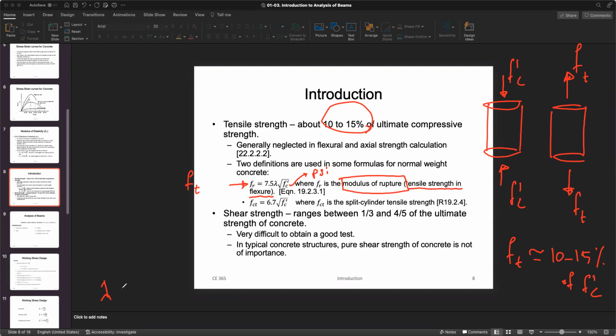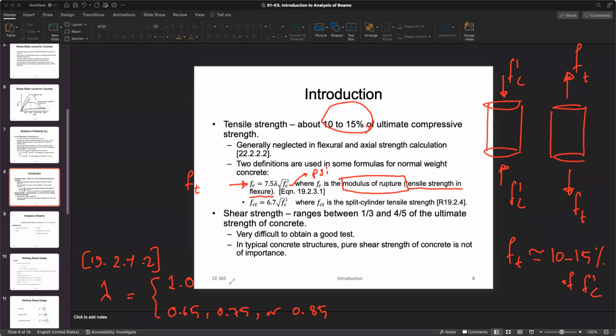It is in 2.4.2. So lambda is equal to 1, and it goes from 0.65, 0.75, or 0.85.